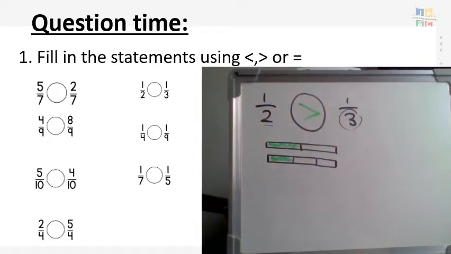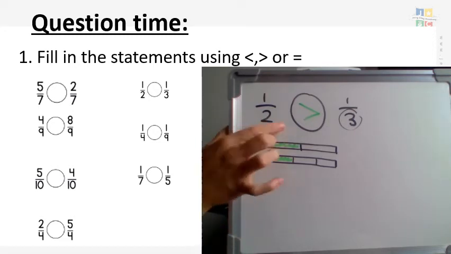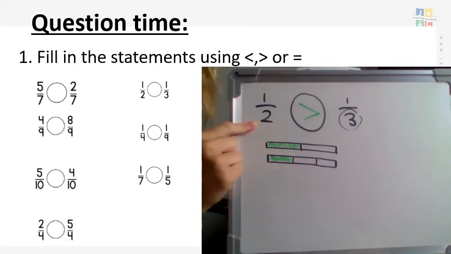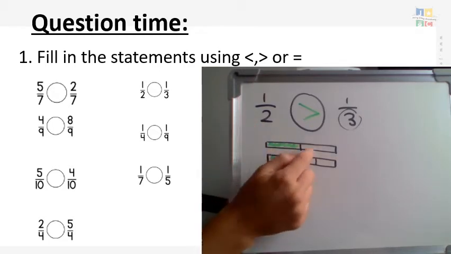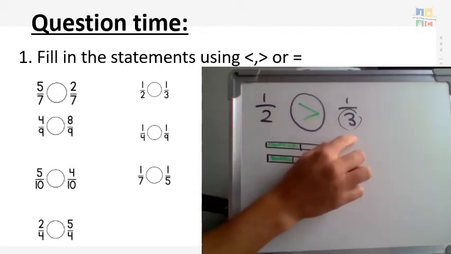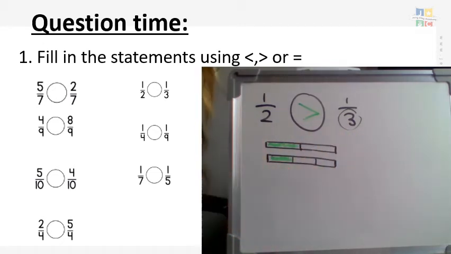Now if you imagine that these were bars of chocolate, if you were sharing between more people, you would have a smaller piece of chocolate. So for example, if I had a bar of chocolate and I was sharing it between 2 people, each person would have the same amount. However, if I was sharing it between 3 people, I would have to give a smaller amount to each person to make it fair.